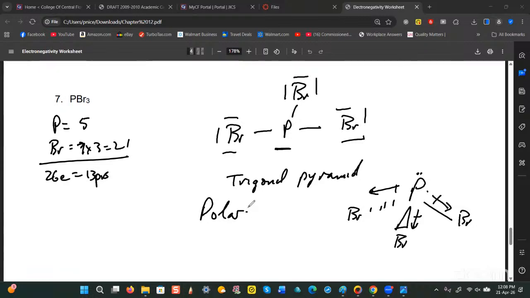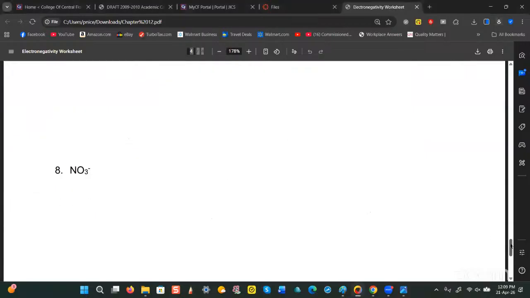All right, the last one. Here it is. It's nitrate. So the first step is the valence electrons. Nitrogen is how many? 5, and oxygen is 6 times 3, 18.